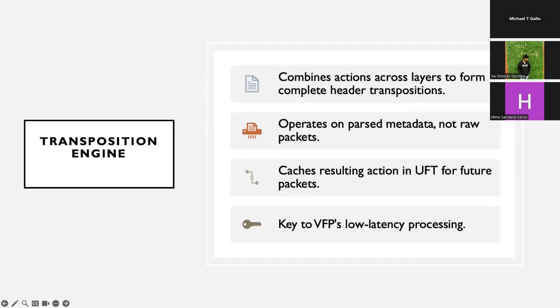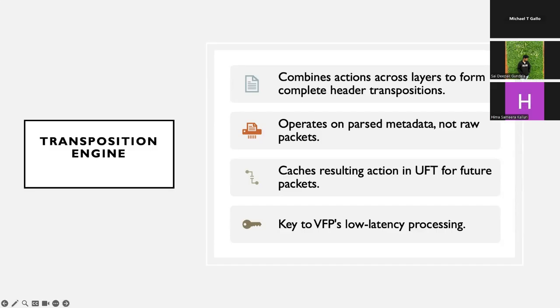Let's move to the continuation of this, that is the transposition engine. We looked under the hood at how VFP combines performance and programmability using its transposition engine. Transposition takes the matched rules from each layer and builds a composite action, like NAT plus tunnel encapsulation, in one step.